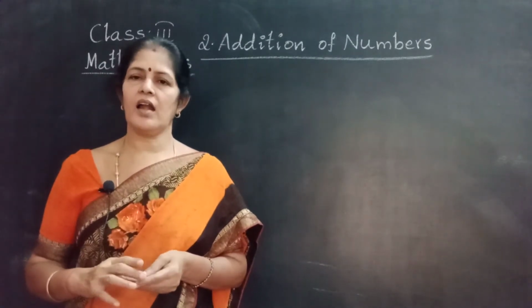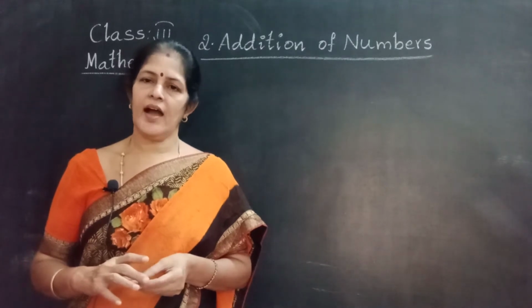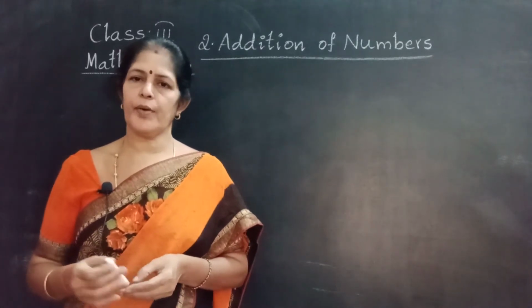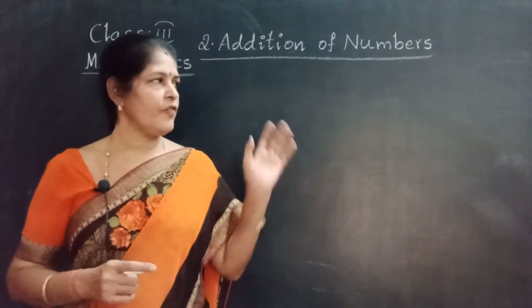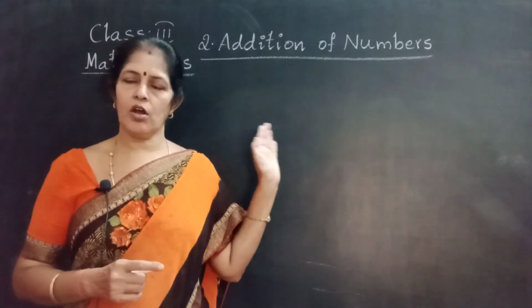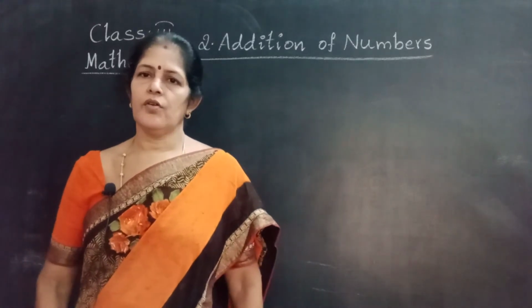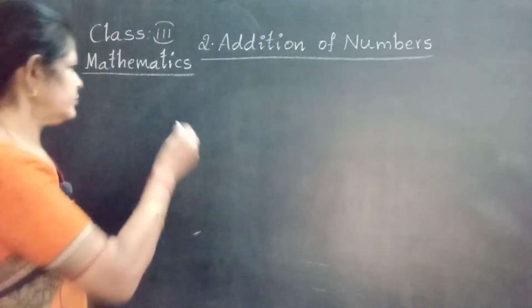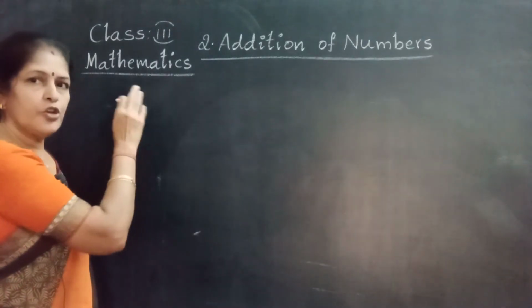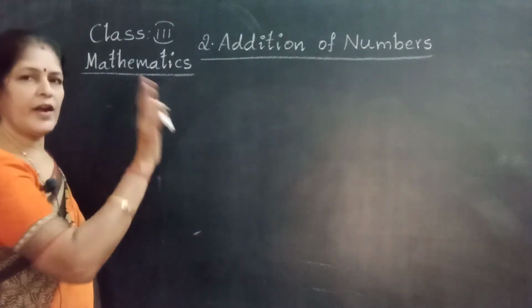That is called commutative property of addition. Once again, I am going to revise all concepts, then go to the remaining word problems. Example problems you practice in your homework book or rough notes.